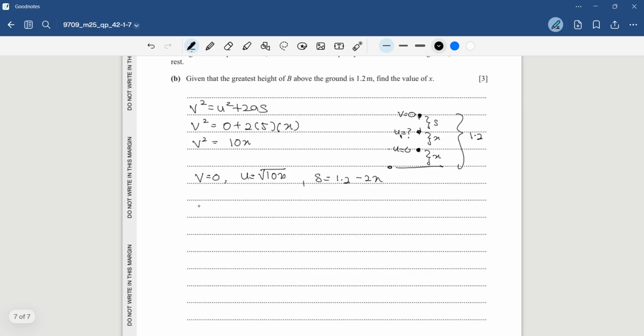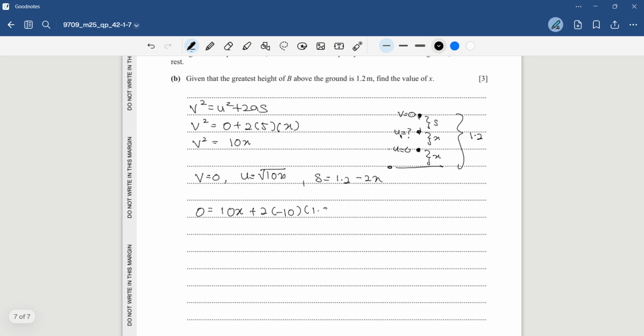So we put in: v equals 0, equal to u squared, which is 10x, plus 2 times a. Since the object is going upward, here I put a as negative 10. Or if you want to consider upward as the positive direction, you can change this to minus, it doesn't matter.